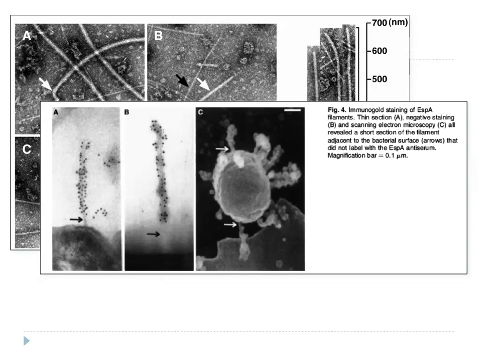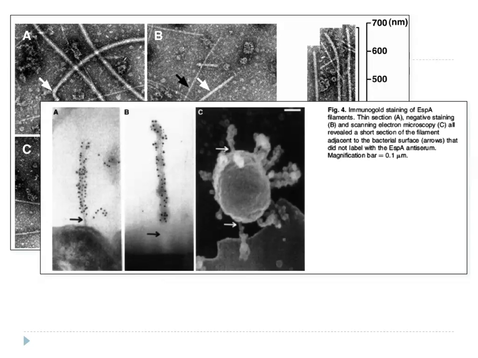So these filaments were stained with an antibody raised to purified EspA protein. You have an antibody with a little gold particle on the end of it, a couple of gold particles. So this is immunogold stain, and you can see that you get the EspA filament nicely decorated with these all the way along.